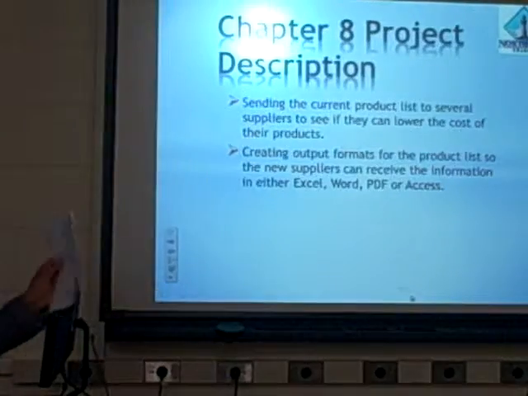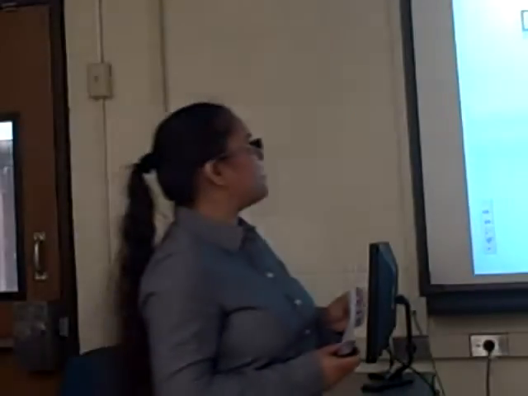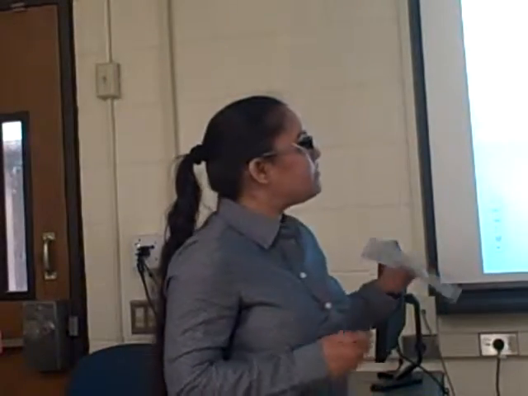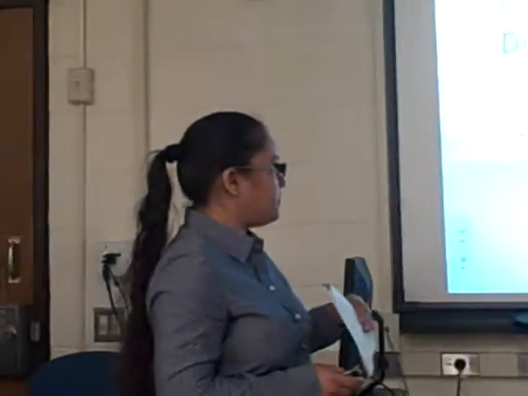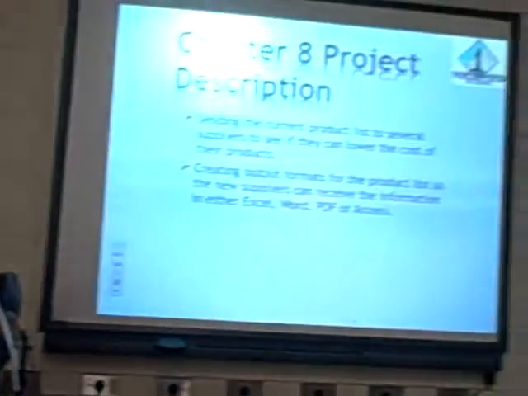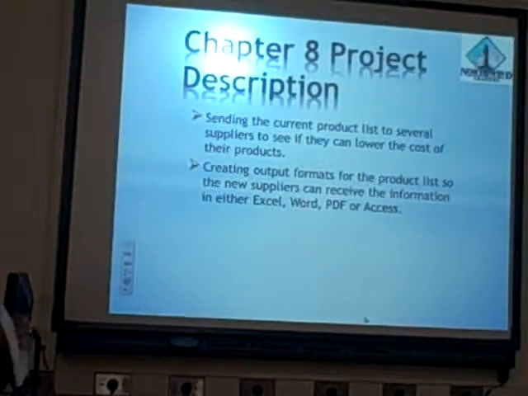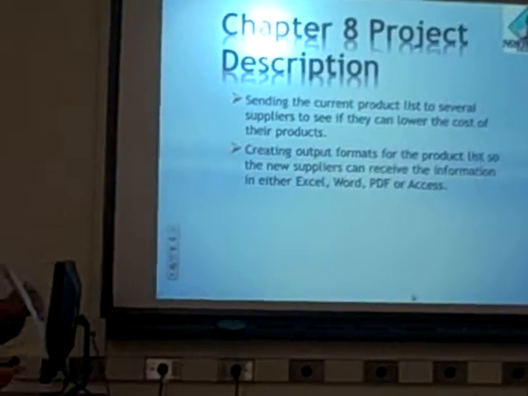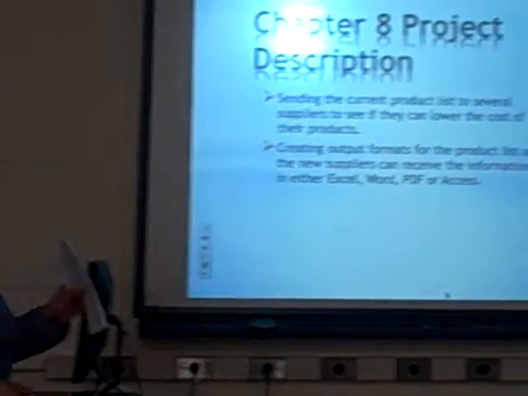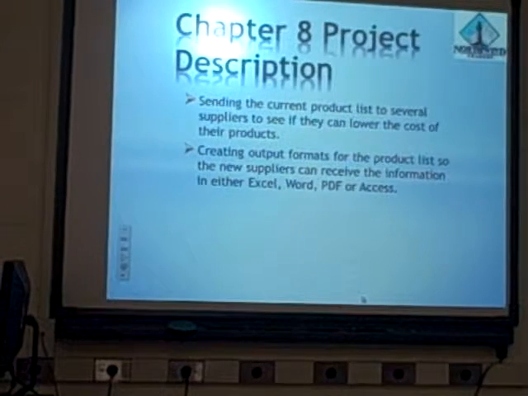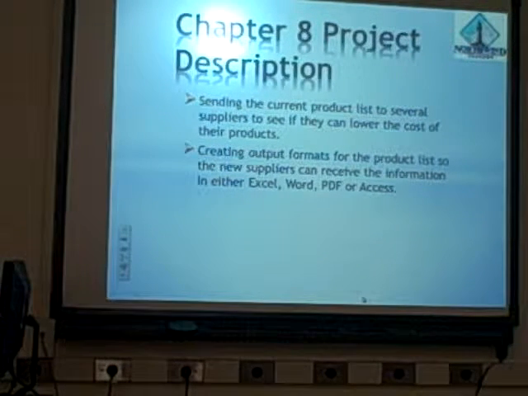And the chapter 8 project descriptions are sending the current product list to several new suppliers to see if they can lower the cost of their products, and creating an output format for the product list so the new supplier can receive the information in either Excel, Word, PDF or Access.